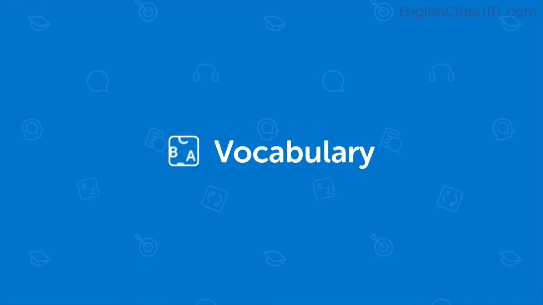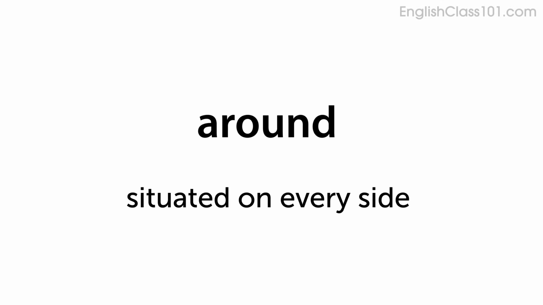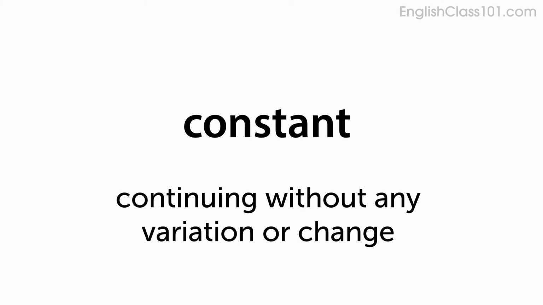Now you'll hear the key vocabulary, followed by the English translation. Drizzle: light rain falling in very fine drops. Around: situated on every side. Constant: continuing without any variation or change.